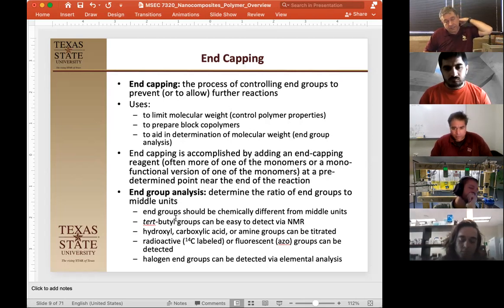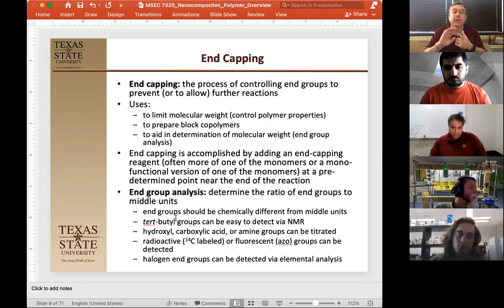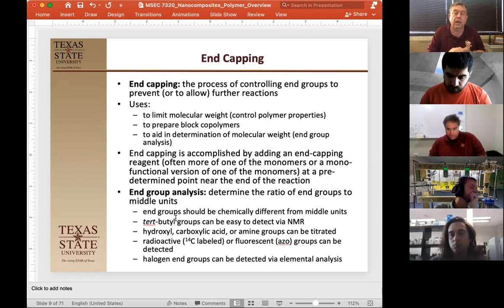But most of the time, you can analyze these. If they're small enough, you can analyze them by NMR, something that is big and not in the same functional area as whatever you have. Sometimes you can do the hydroxyls, the carboxylic acids, or the amines by titration. Sometimes you can radio label them, either with oxygen or carbon, to see what you have.